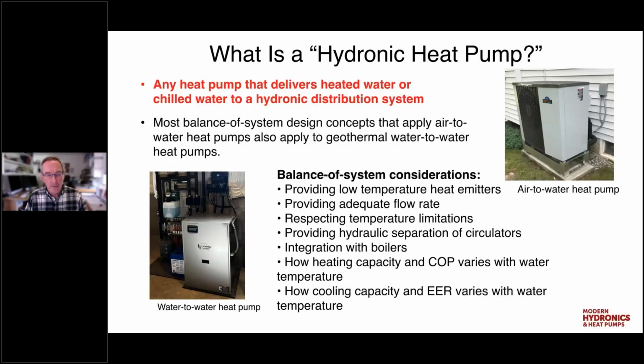We have to respect both the temperature and the flow operating conditions on either type of heat pump. We also need to understand how the thermal performance and the efficiency of the heat pump depend on both the air temperature in the case of an air source heat pump, the source water temperature with a geothermal heat pump, as well as the water temperatures that we're asking these heat pumps to produce for the load.